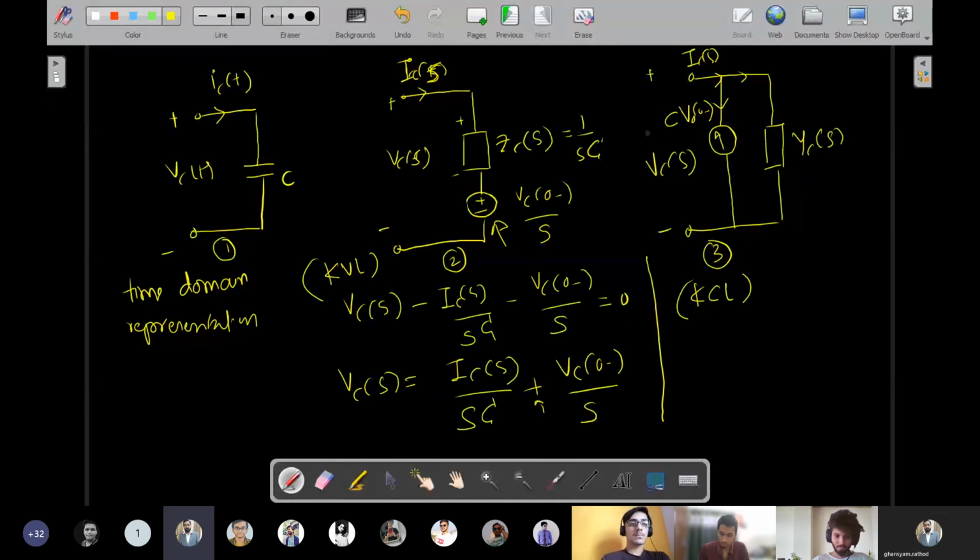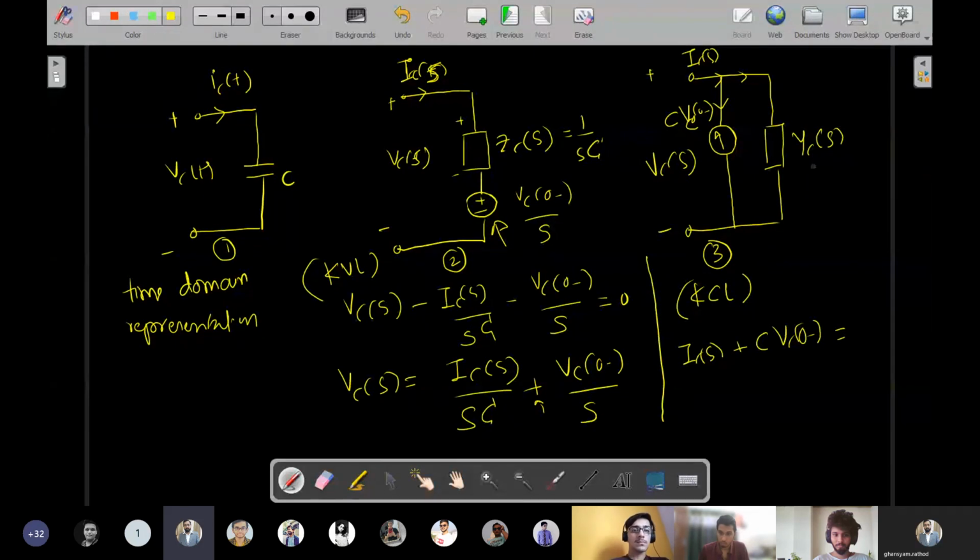So in our equation, this will be minus over there. If you satisfy this, you can write like this: IC of s plus, sorry, this is VC(0-) minus VC. Here is VC(0-), and you can write C into VC(0-) equal to the current flowing through this way.